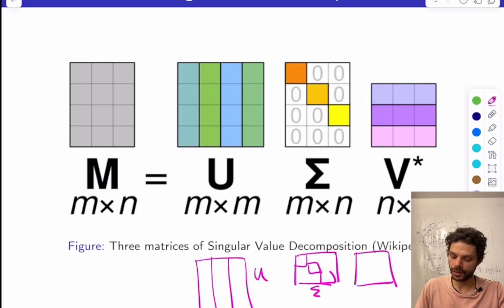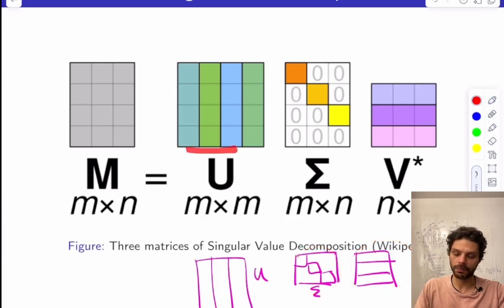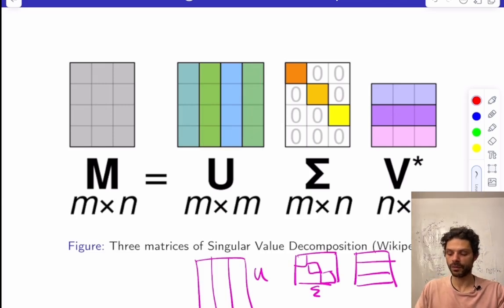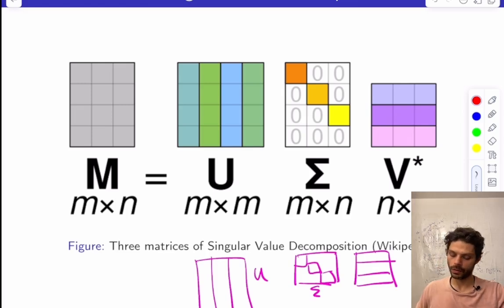And then this will be a 3x3. So you can think of this as projecting into the V coordinates, then doing a scaling, and then using that scaling to combine these columns of U, these coordinates of U, to give you a value on the output. And this final coordinate you just ignore, because you're going from, in this case, a 3-dimensional space to a 4-dimensional space. So there's going to be one coordinate that you actually can't do anything about.